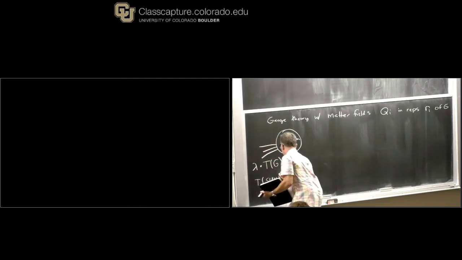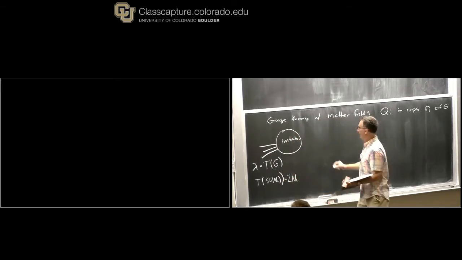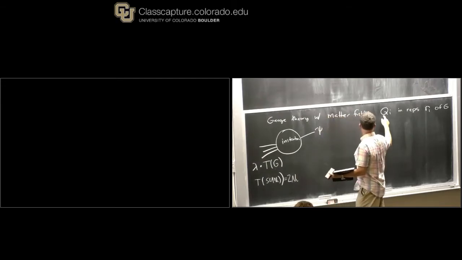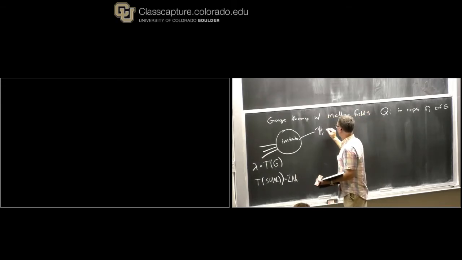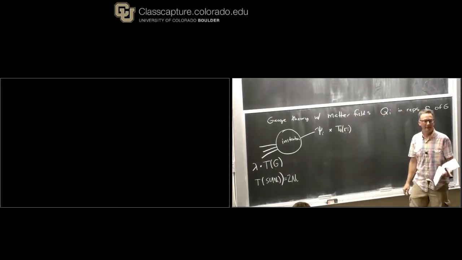So in particular for SU(N_c), it's 2N_c. And then we have fermion components of these superfields Q_i, and the number of those is the quadratic Casimir of R_i. So this would be 1 for the fundamental of SU(N).